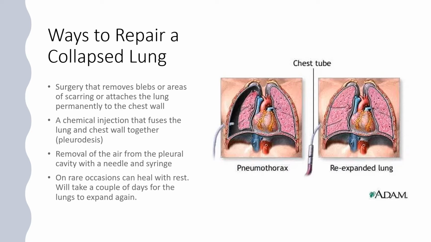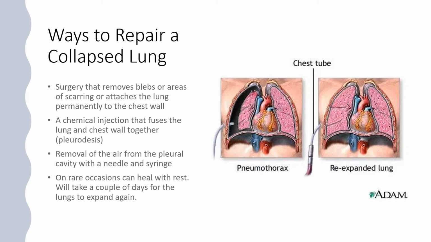Then you can have a procedure which sticks basically a needle and a syringe into your chest, and it sucks the excess air out of your chest wall and allows your lung to re-expand. And then on rare occasions, it can just heal over time, but it's not going to be a quick thing. It takes a couple of days, and then your lung will finally expand fully.